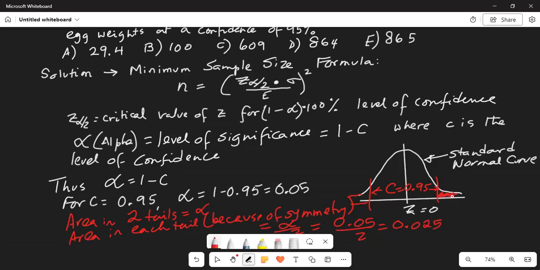So this is 0.025, and this area is also 0.025. These two Z values, this one and this one, this is the critical value of Z.